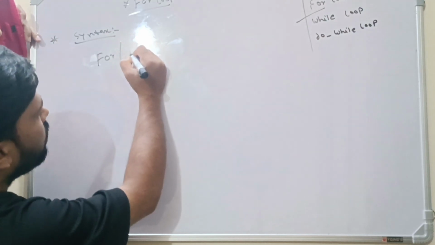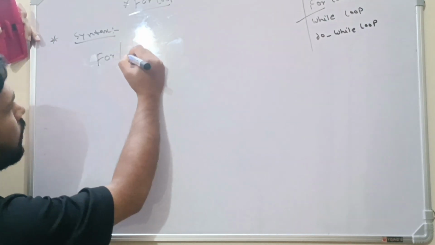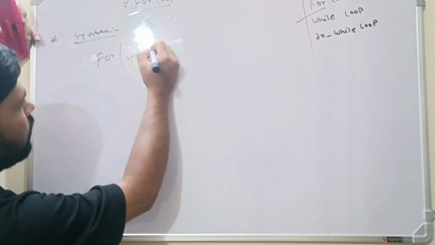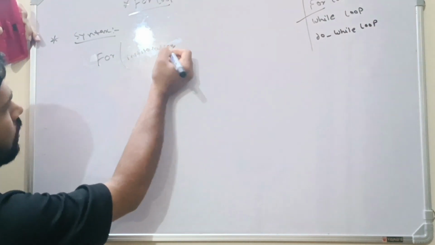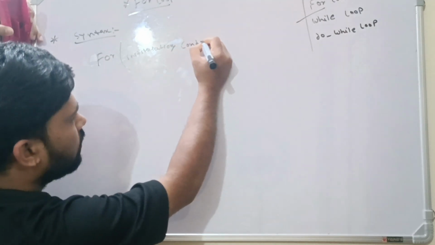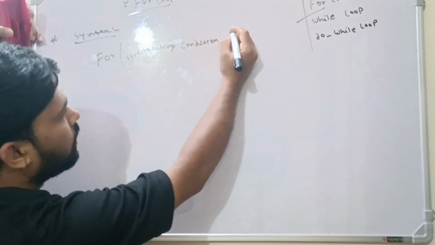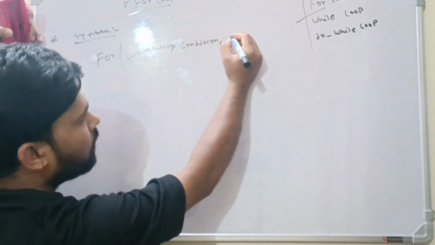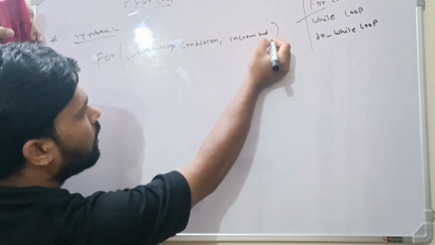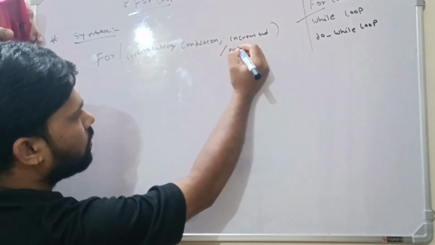First for will come, then initialization, then condition, then increment, or you can do decrement also.